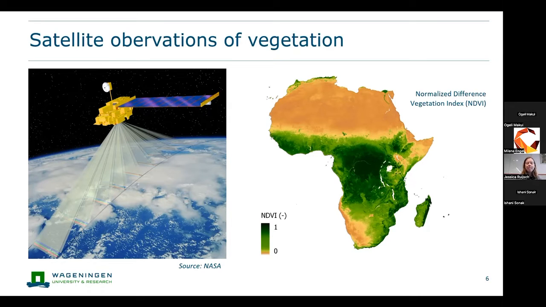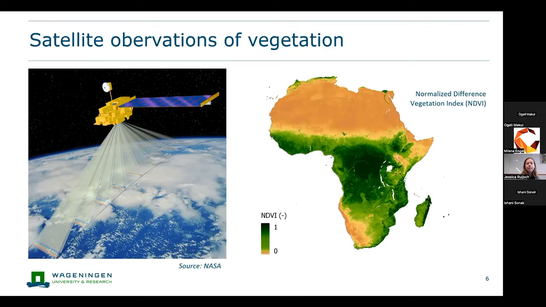So on the left you see here the MODIS satellite from NASA, and it can make all these very nice images of the Earth, but it can also measure vegetation greenness in the form of something we call the normalized difference vegetation index, or the NDVI. And through measuring infrared and red light, we can say something about how much green vegetation is present.